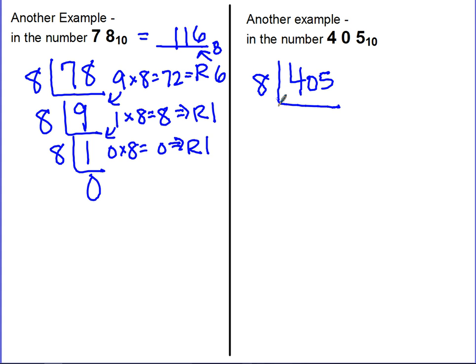405. 8 goes into 40 5 times. And then I would have 5 left over. That's as many as I'm going to get. 50 times 8 gives me 400. So 405 minus 400 gives me a remainder of 5.